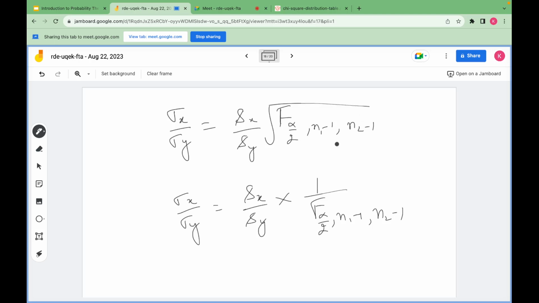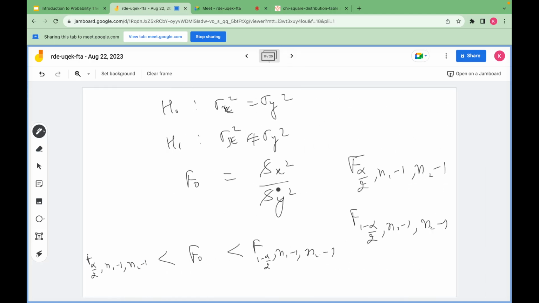How did we come to this conclusion? Because here we are claiming that if this F naught is between these, then sigma x square is equal to sigma y square, which means sigma x is equal to sigma y.